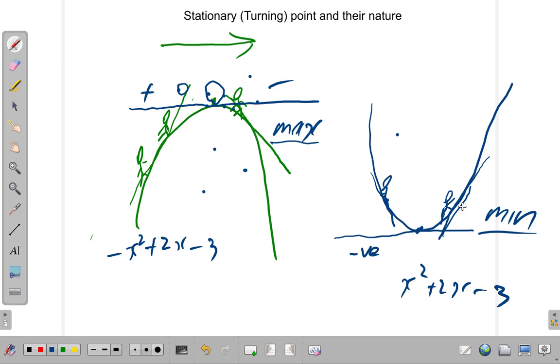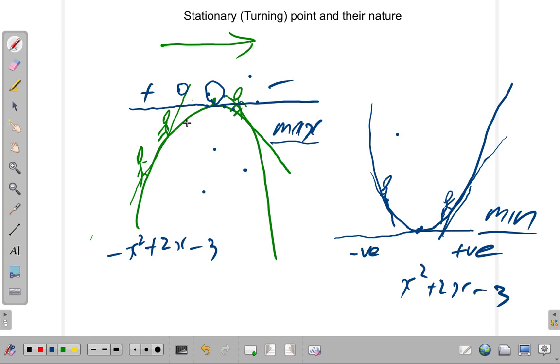You draw a tangent and it has a positive gradient, meaning that you have turned from negative to positive. So this is a turning point, and the nature of this point is minimum. So going from left to right, if you change from positive to negative, then you have a maximum point. If you turn from negative to positive, then you have a minimum point.